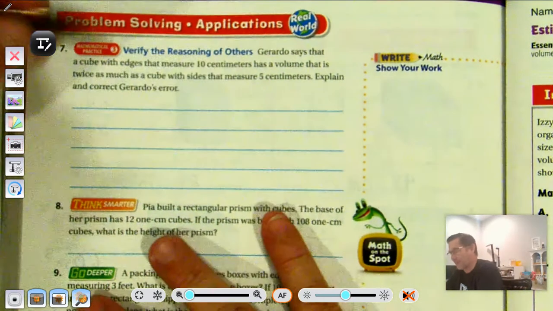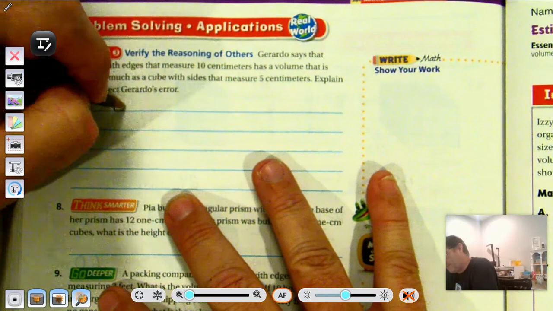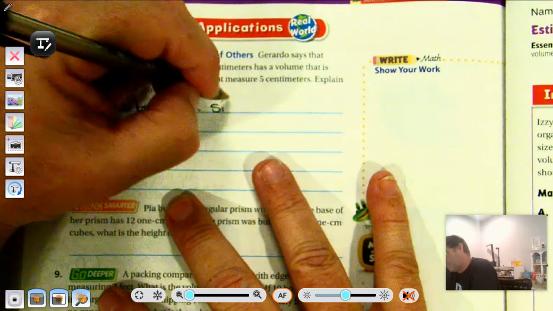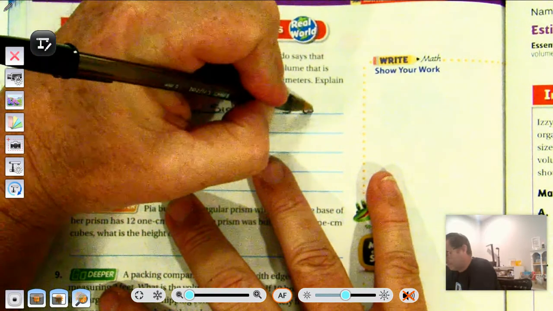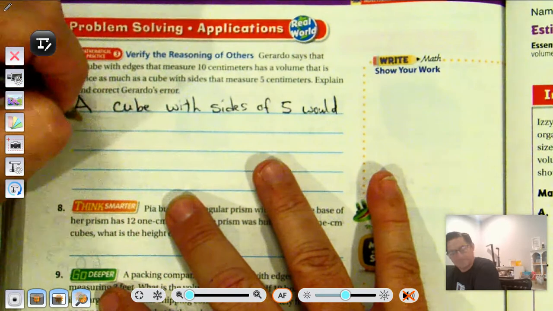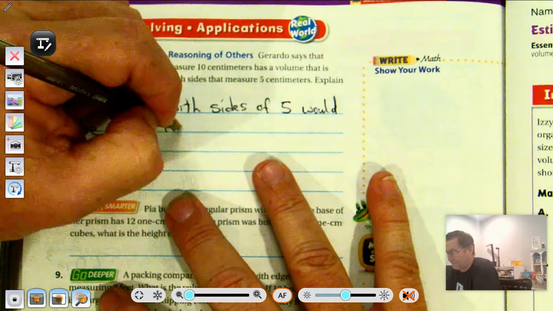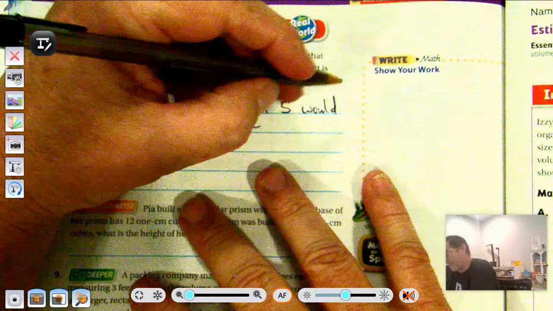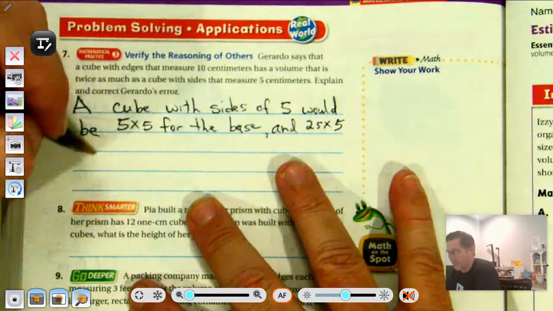Well, okay, so a cube with sides of 5 would be 5 times 5 for the base, which we saw in the investigation, and then 25 times 5 for the height.